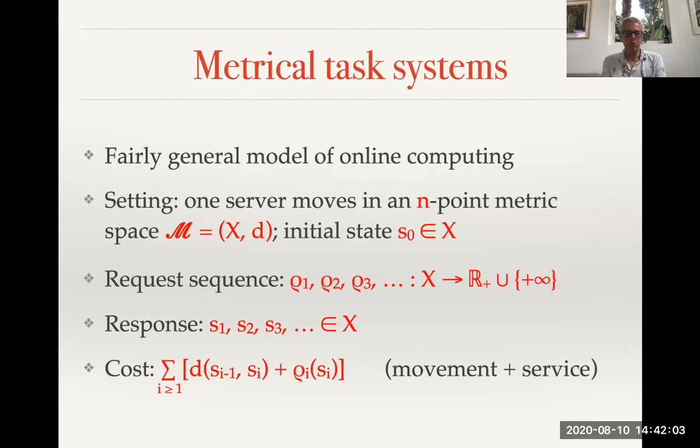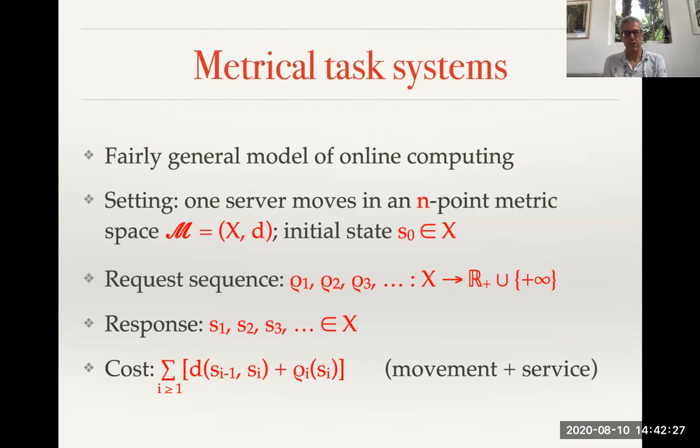In response to a request sequence, the server moves through points in the metric space. So S1 is the location after receiving the first request, S2 is the location after receiving the second request, and so forth. And the server has to pay the cost of moving.